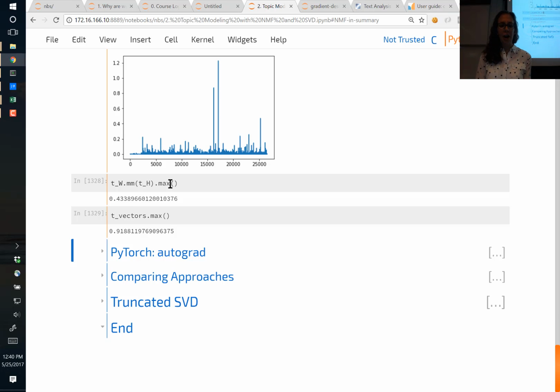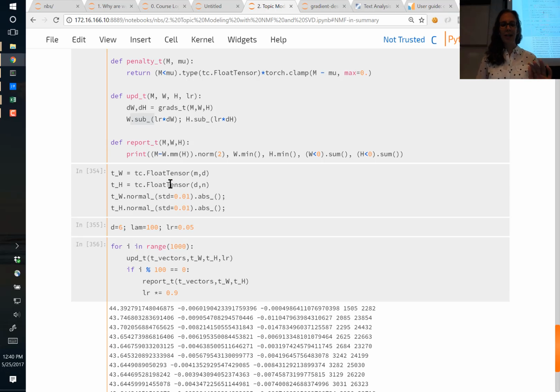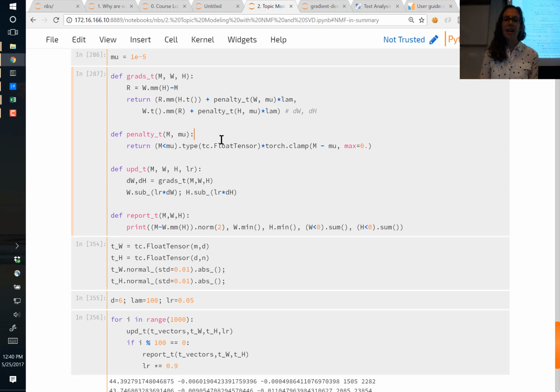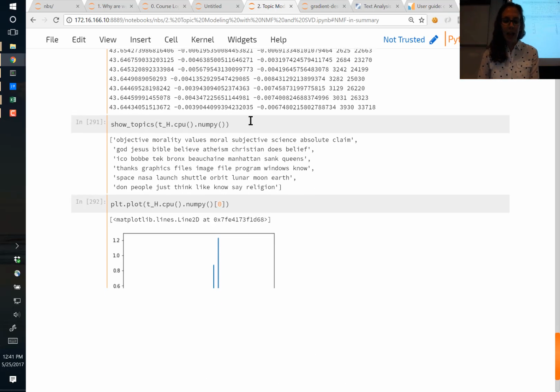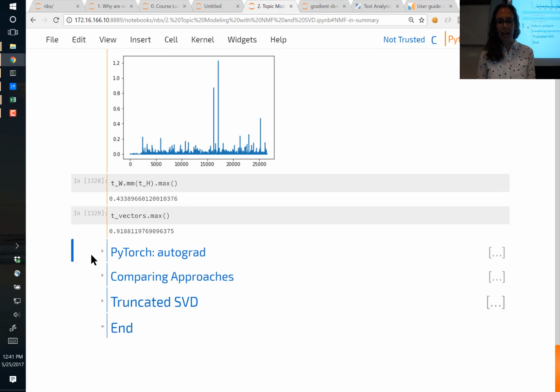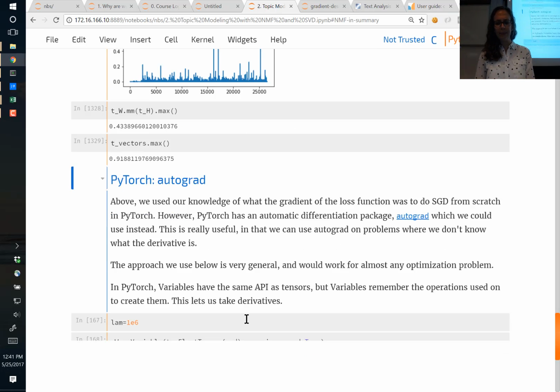Okay, so this version was very similar to what we had done in Numpy from scratch. We still had to know what the gradients were. And this can really be a pain, particularly if you have a more complicated method, having to calculate the derivative. So PyTorch has something really handy called AutoGrad.